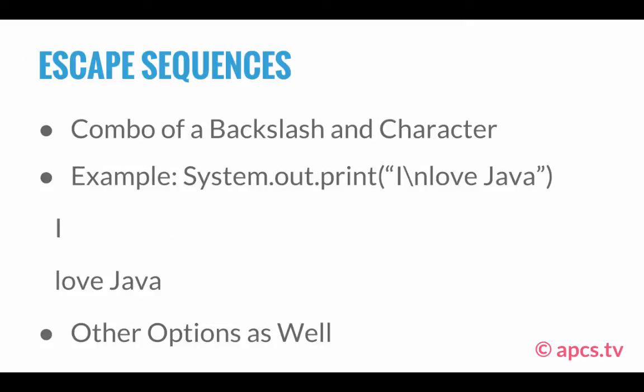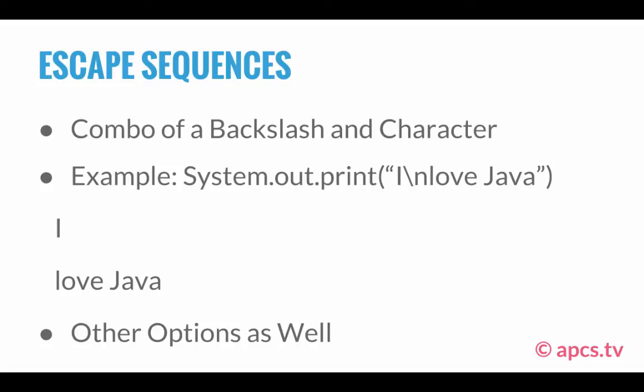So this also brings up another topic as we talk about output: escape sequences. An escape sequence is a combination of a backslash and a character. An example would be System.out.print("I\n love Java"), and look, I forgot a semicolon, so that's another important thing, but the output will come up as I, and then on a new line, love Java.